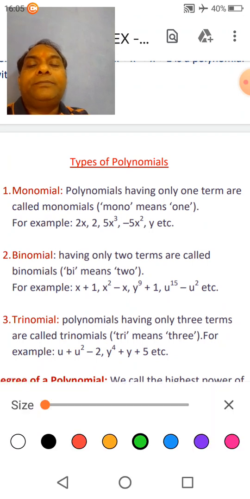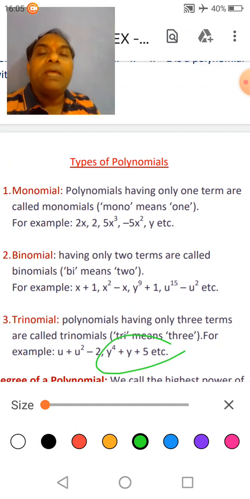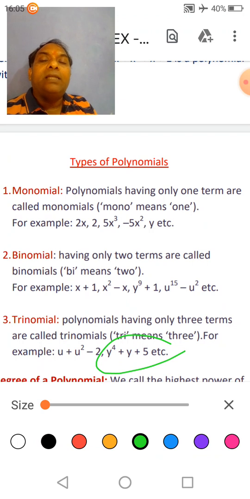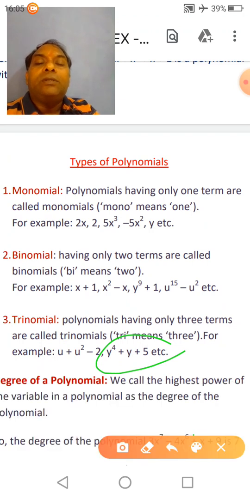Similarly, y to the power 4 plus y plus 5 has three terms, so it is also a trinomial. So we can say that polynomials having only three terms are called trinomials.